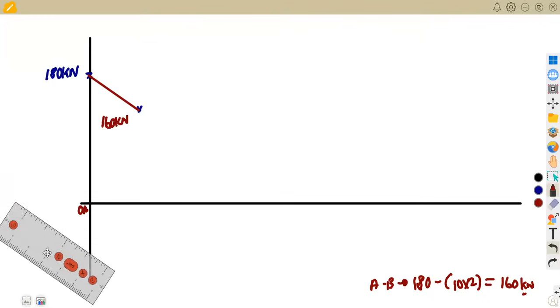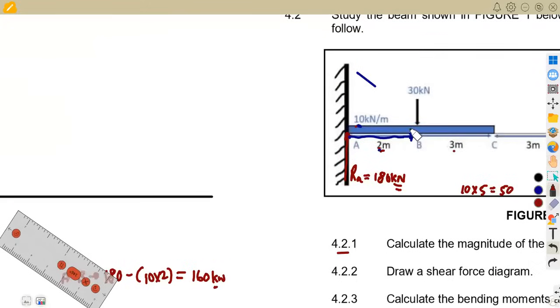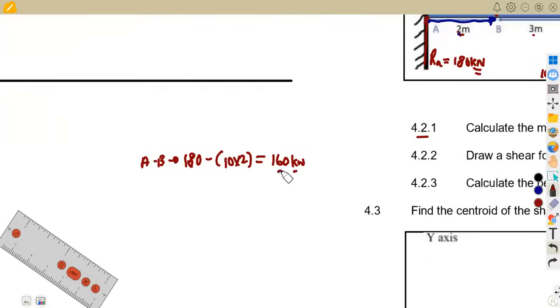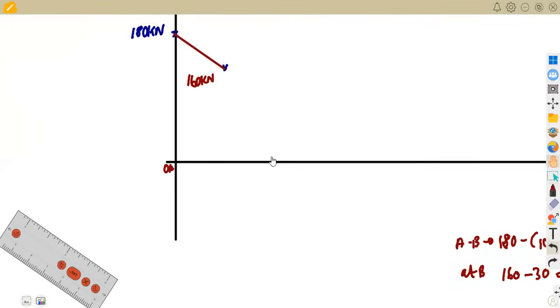Okay, let's consider we are now at B. At B, there is a point load of 30 kilonewton. So a point load, you subtract it and you draw it as a vertical line going down. So at B, it's going to be 160 minus 30, which is going to be 130 kilonewton. So it's going to be facing down.